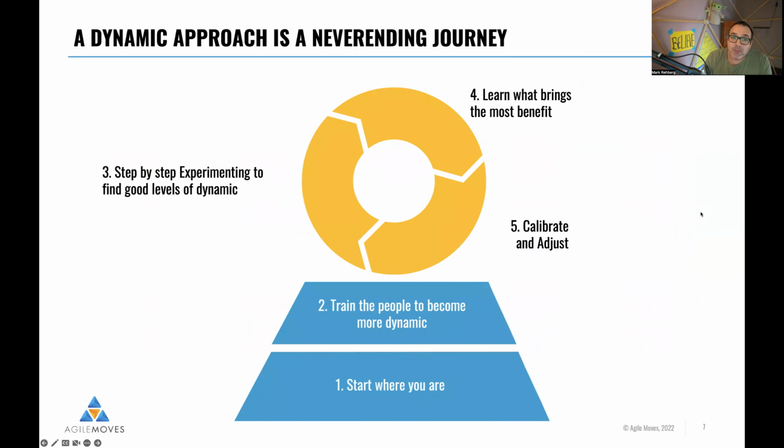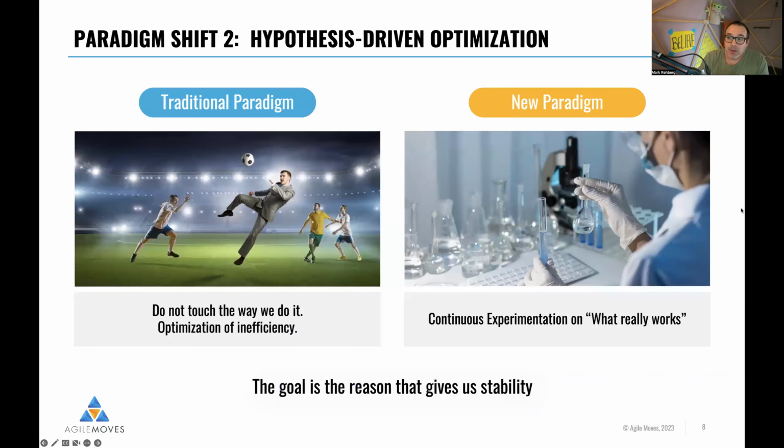And it becomes a never-ending journey. When you think, okay, we have this new practice and now we are finished with our thinking about practices, then of course that's a no-no, right? The training never ends, the learning never ends. It's a never-ending journey to find new ways of dealing with your status quo and with your goals.